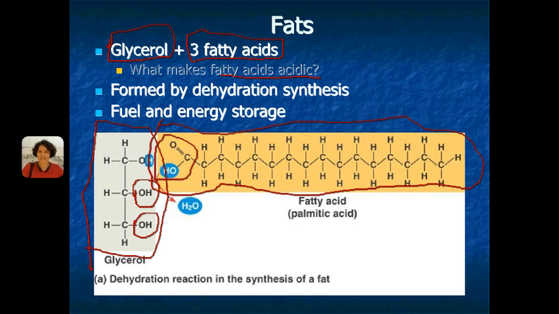Fats are used in the body, in the organism, for fuel and to store energy. So fuel to be burned immediately for calories and for energy needs, and energy storage for a later time.